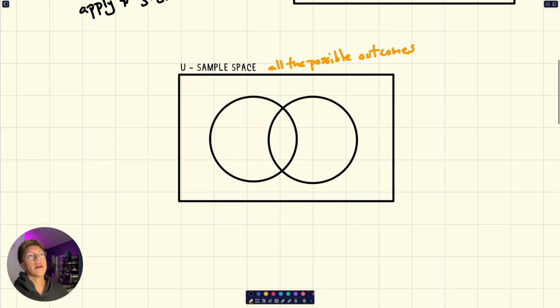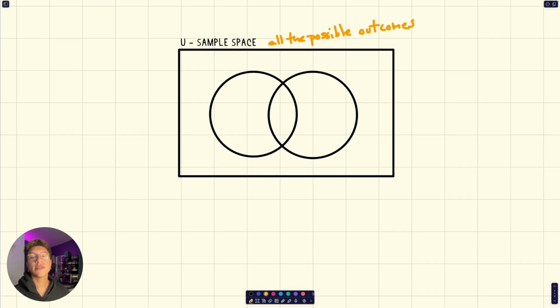Inside of our Venn diagram, we see two circles, and these two circles represent two events or two things that could happen. Most times you'll see these labeled as A and B. And as we get into questions, we'll see that these events could be just about anything that we want to work with. So this could be, again, the chance of rain and the chance of thunder.